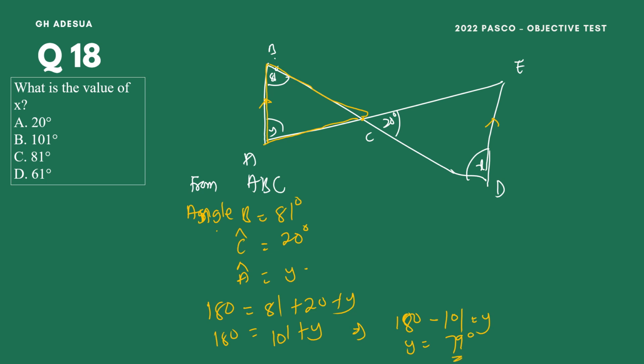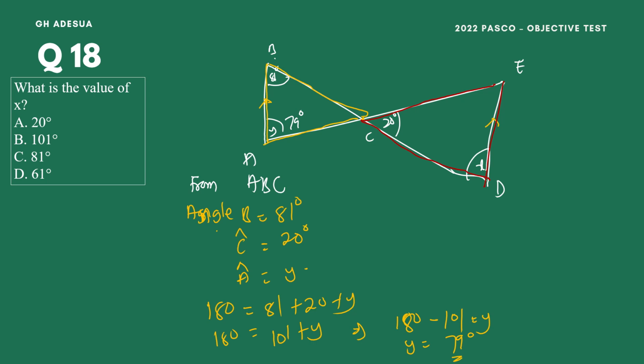Now, if it comes to the next one, located with red, the triangle. Now we know that our Y value is 79 degrees. Don't forget because we just found that.